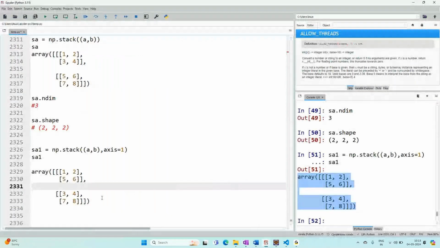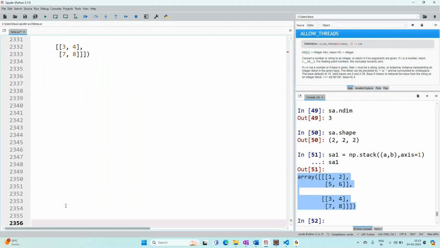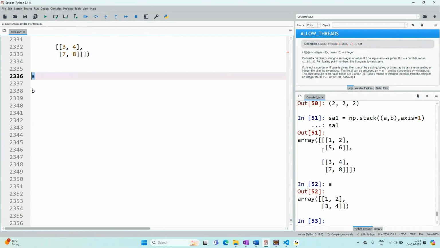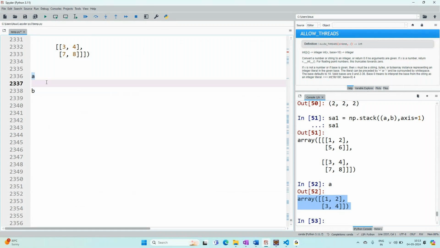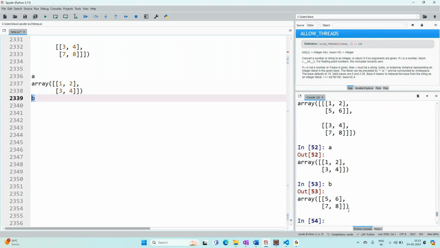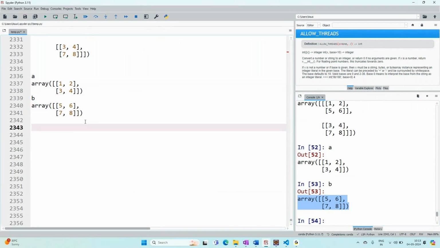Okay, so now same thing. I have A and B. So what is A array and what is B array? A array is going to be 1, 2, 3, 4, and B array is going to be 5, 6, 7, 8. Fine. Stack you understood now? Now we are going for horizontal stack. So horizontal stack is equal to np dot h stack.